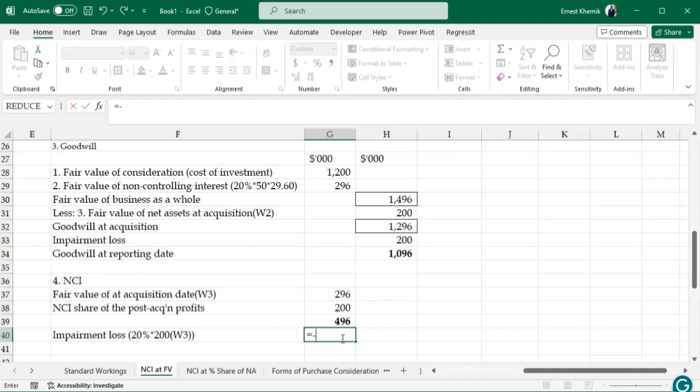I'm subtracting it, so it becomes a negative figure there. So I have minus 0.2, that is 20%, multiplied by 200, and then I'll have 40 here.